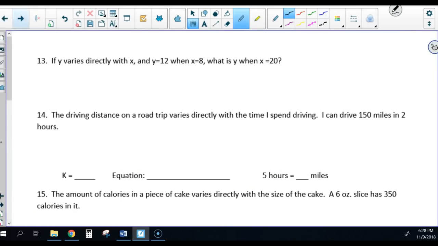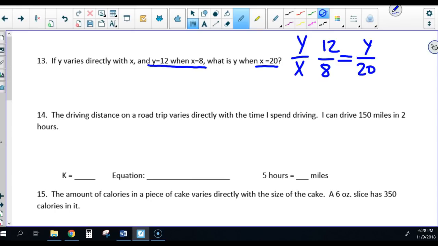Next page, number 13, direct variation now. If y varies directly with x, and y equals 12 when x equals 8, what is y when x is 20? 2 ways you can do it. I can set up a proportion, y over x, which is going to be 12 over 8, has to equal the other y over x, which is blank over 20.